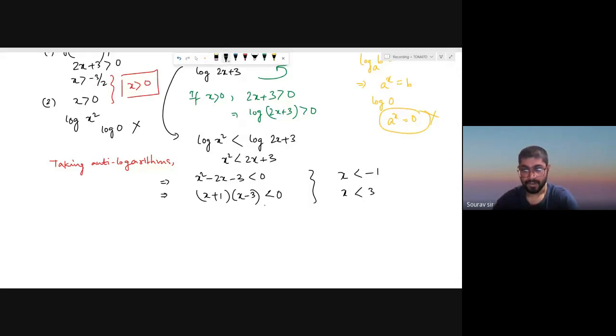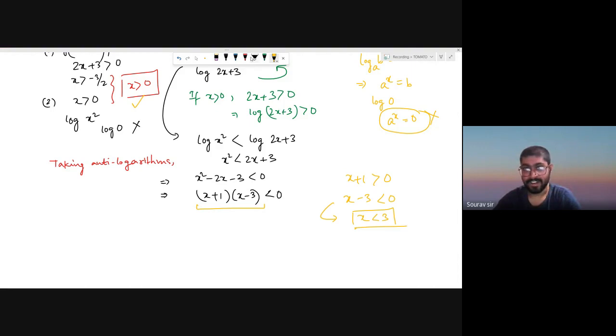Now, wait, this is not the correct one. The product of these two is less than 0, right? So one of them should be greater than 0 and one of them should be less than 0. Now x was greater than 0, right? So x plus 1 would be greater than 0. And so x minus 3 must be less than 0. If x minus 3 less than 0, that implies x less than 3.